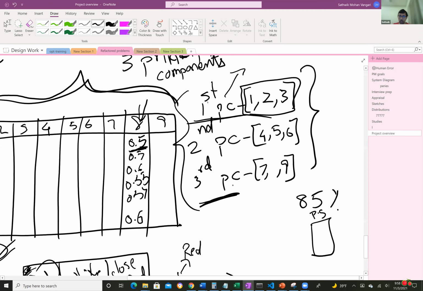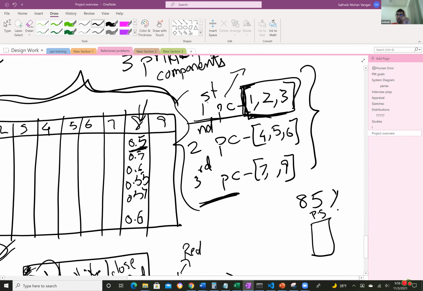Yep. Cool. Now, also, how am I arriving at 1, 2, 3 as my principal component, or 4, 5, 6 as my principal component? Even here, my PCA model looks at what are those columns with the highest variation, right?